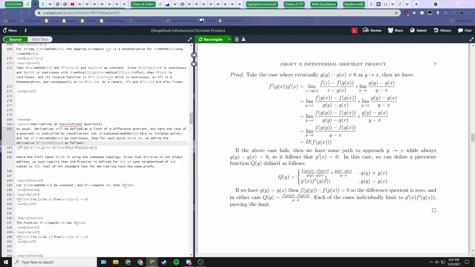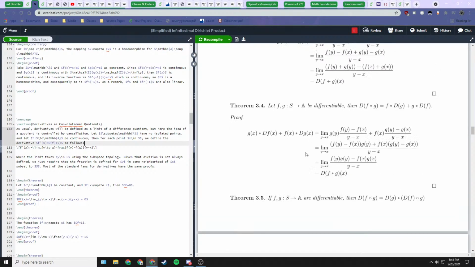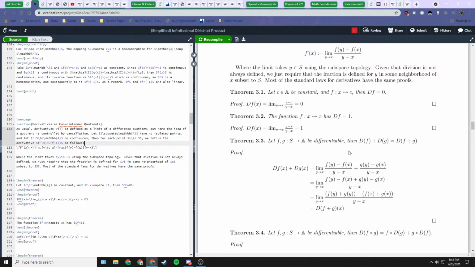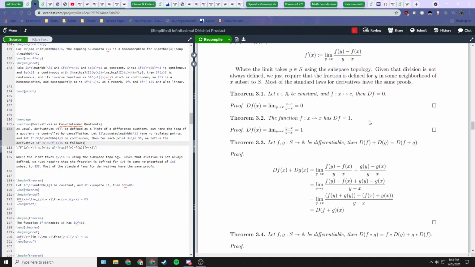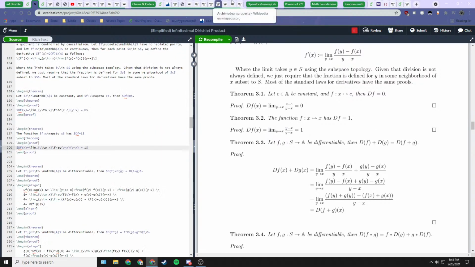Okay, so that's the chain rule. We have the chain rule, we have the sum rule, the product rule, constants. Oh yeah, I can change these a little bit.